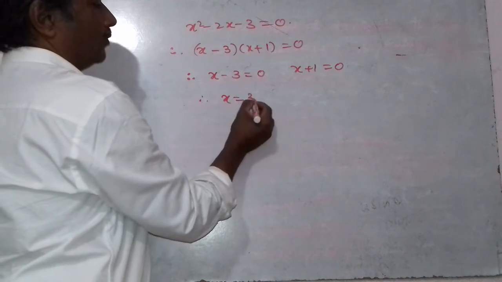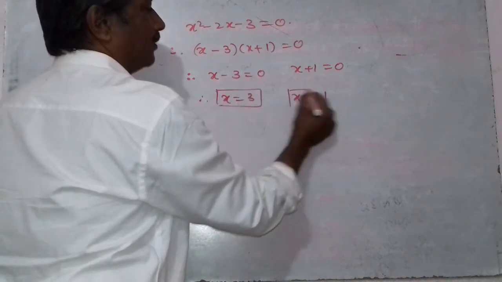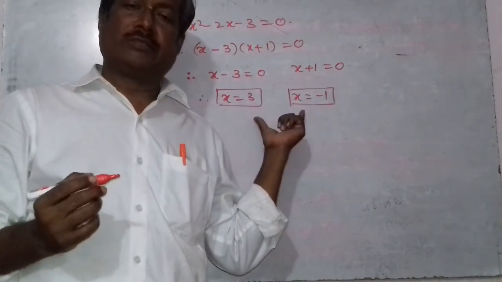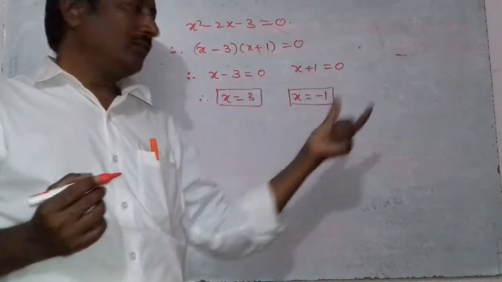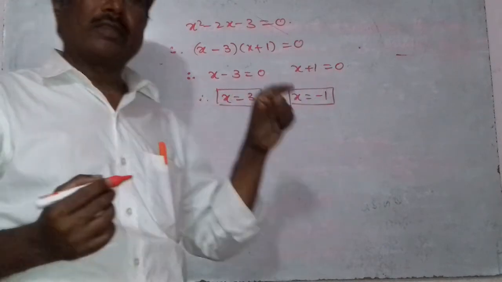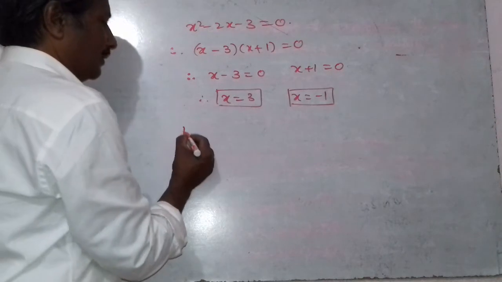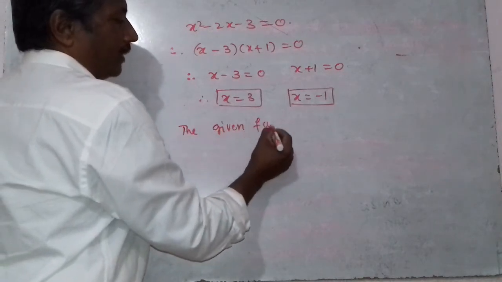Therefore, x equal to 3 and x equal to minus 1. These are the values of abscissa, that is the x coordinate. Using the given function, substitute these values in the given function, then you will get the corresponding value of y.